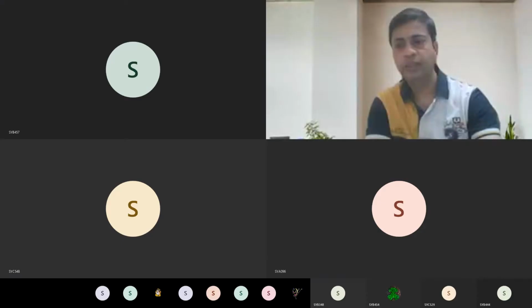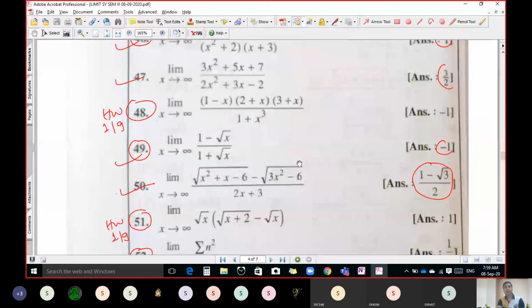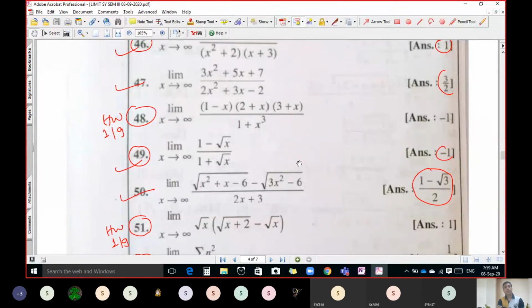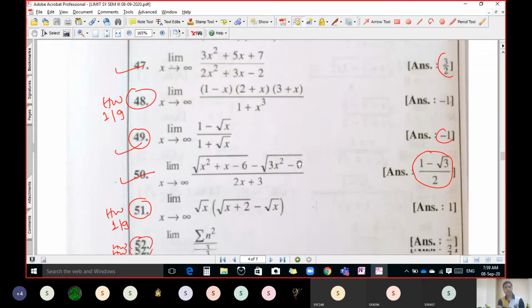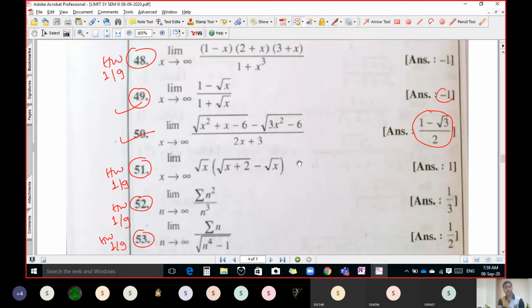Let us start. First of all, your doubts. Any problem in any of the examples? Questions number 48, 51, 52, 53. Anybody have any problem?